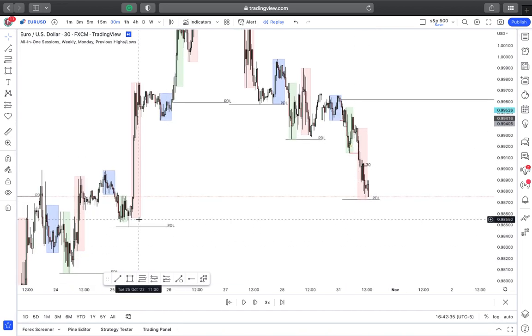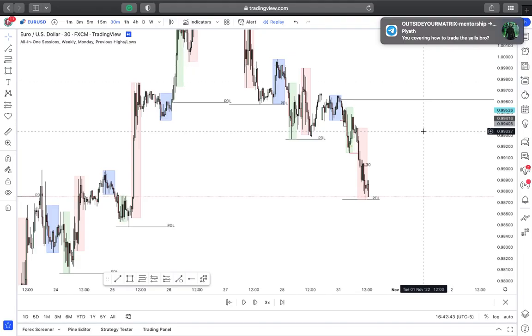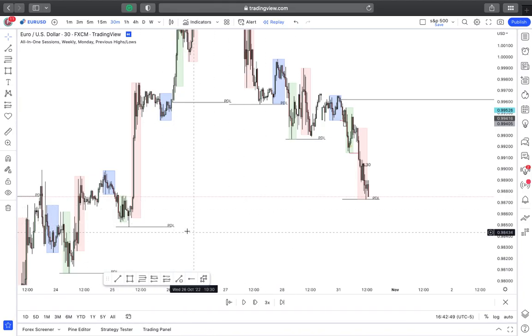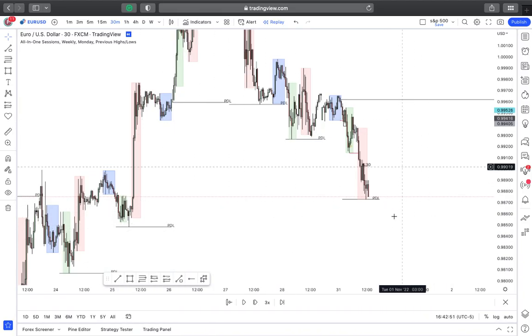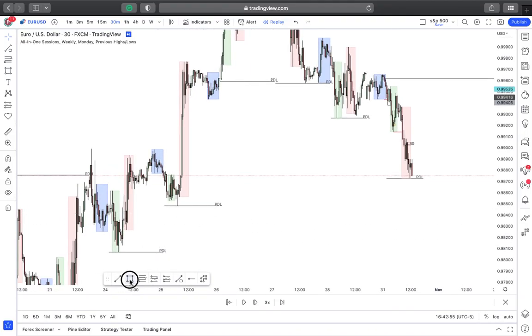Now it could have targeted this previous day's lows to sweep it, and then it could have moved towards the buy side. So we don't know the exact direction of the market every time, right?